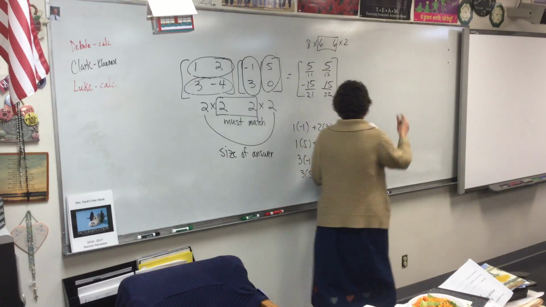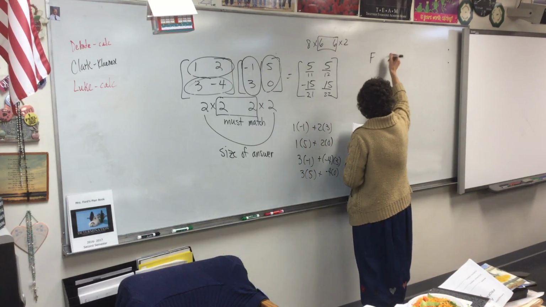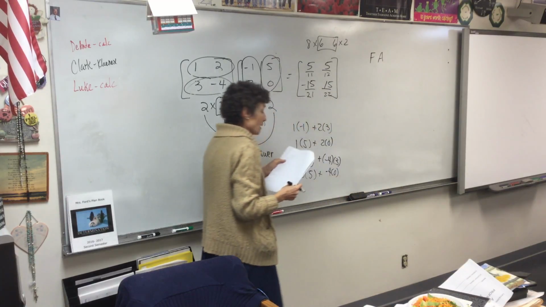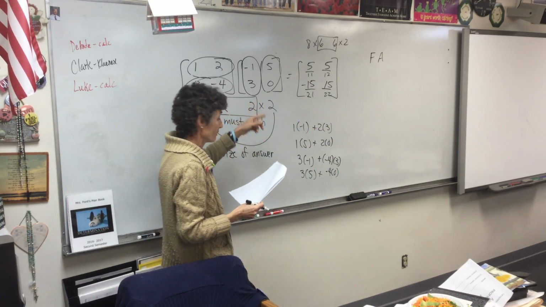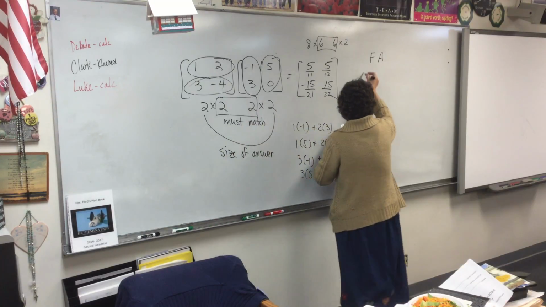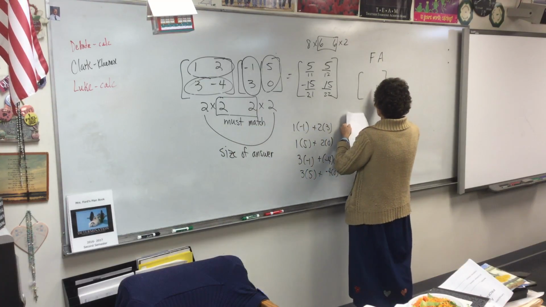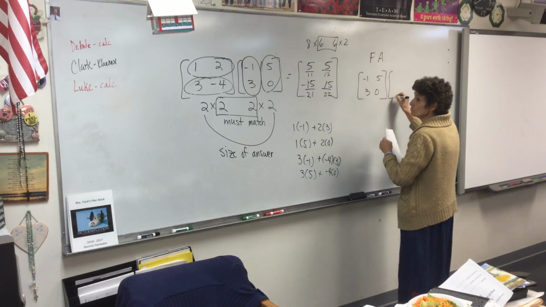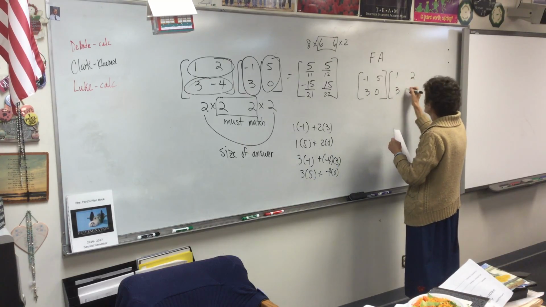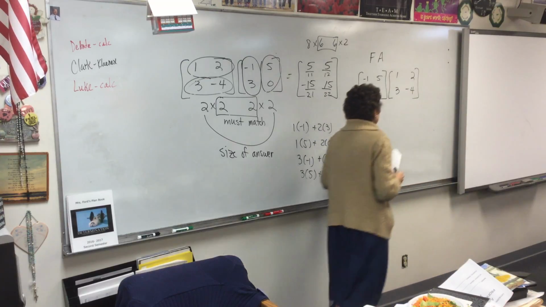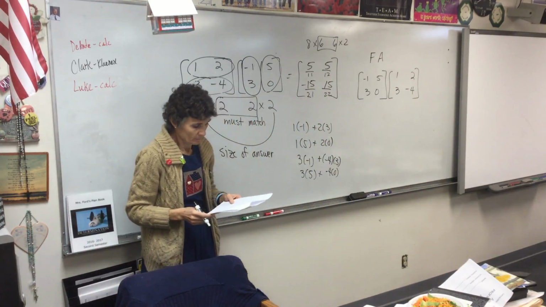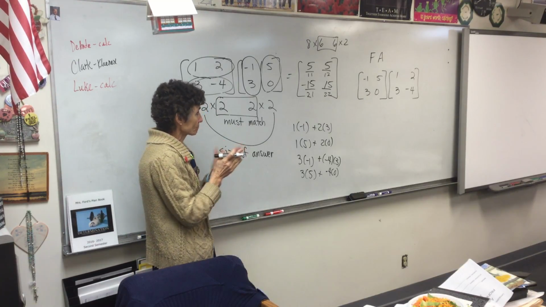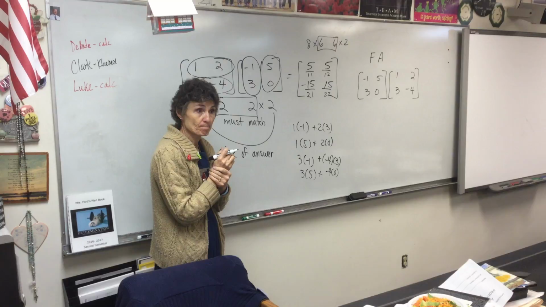All right, hurry up. All right, now we're going to multiply F times A. Now we just did A times F. I wonder if they'll be the same. Let's see. Now, first of all, can we multiply?